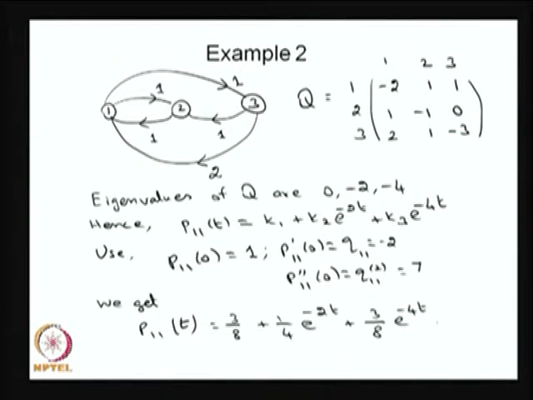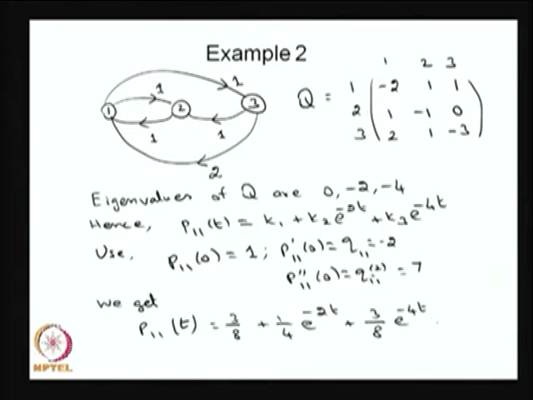Therefore, use the eigenvalue and eigenvector concept and get the P11 of t with the unknowns k1, k2, k3. And to find the unknowns k1, k2, k3, use the initial condition. Here I am using the initial condition as well as the Q matrix values. The element corresponding to 1, 1 is nothing but P dash of 1, 1 of 0.